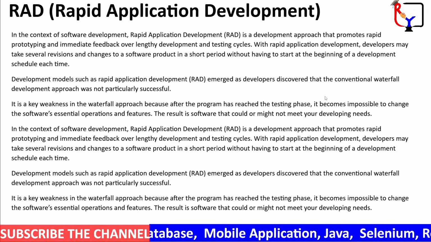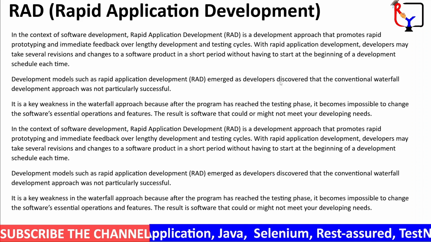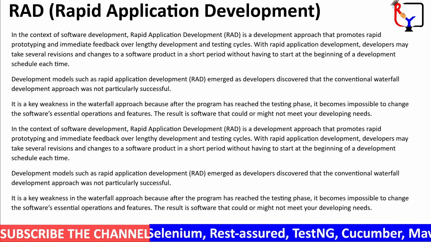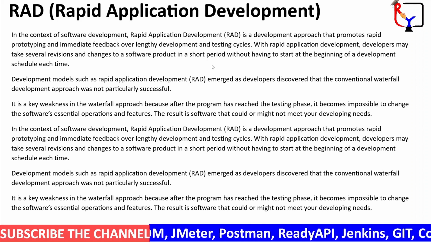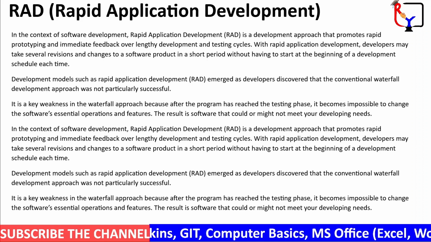Okay, so now move into the rapid development model. The rapid development model is a development approach that promotes rapid prototyping and immediate feedback over lengthy development and testing cycles. With rapid application development, developers may make several revisions and changes to a software product in a short period without having to start at the beginning of the development schedule each time.